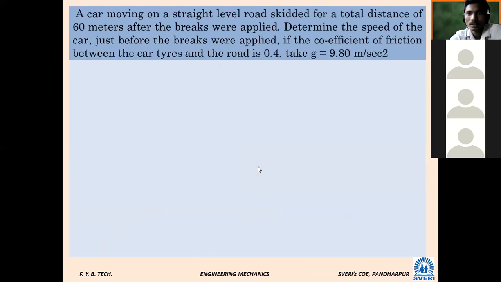Next. Can anybody read now? Very simple problem. Now using this work energy method, we have to solve the problem. Who will read this?